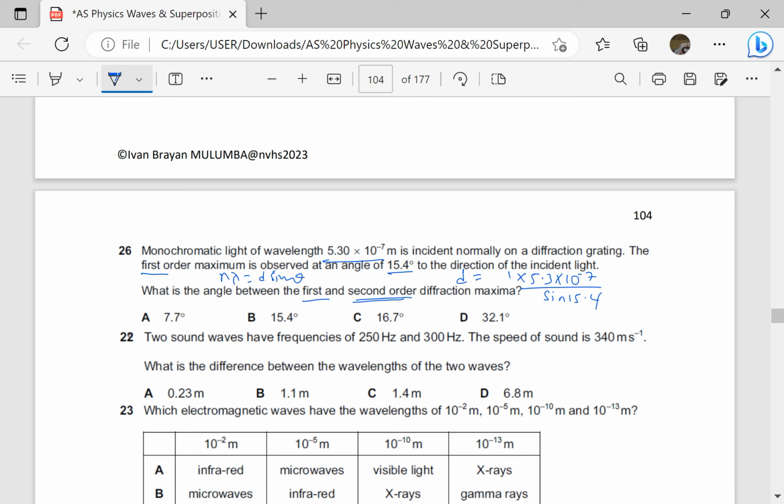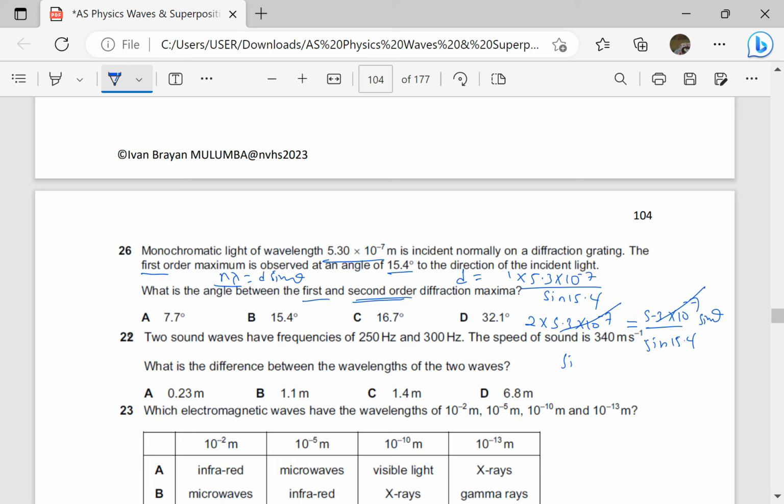So substituting in this formula again, n is 2 times wavelength, which is remaining the same, 5.3 × 10^-7 is equal to d, which is 5.3 × 10^-7 divided by sin of 15.4, times sin θ. I've just substituted in that equation, so this one has cancelled.